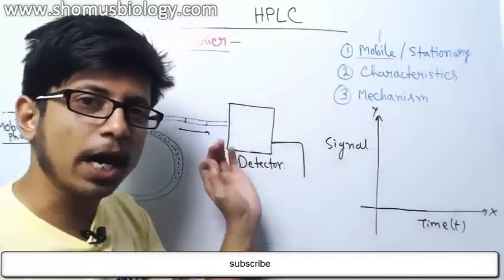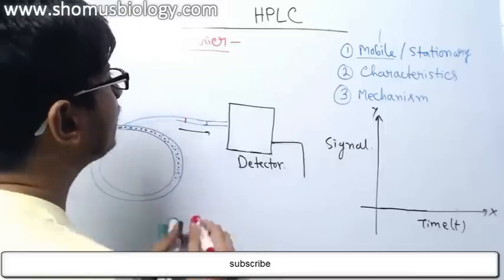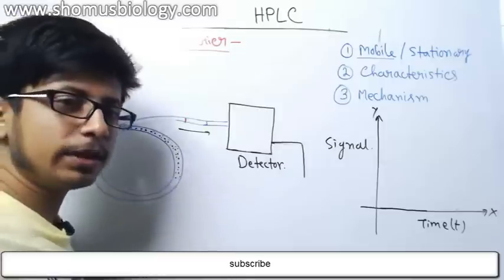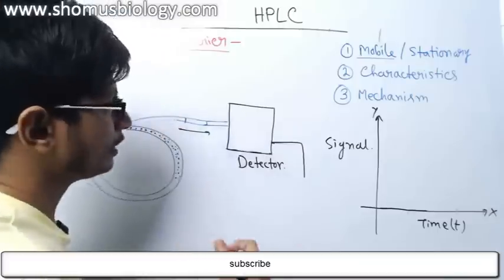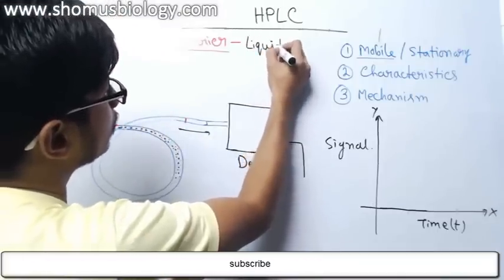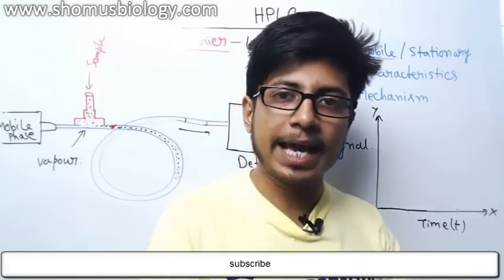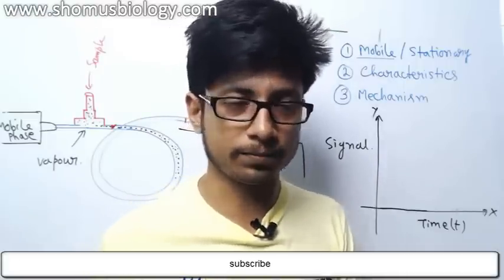In HPLC, a type of liquid chromatography, the carrier that brings all the sample molecules is a liquid. This is the liquid phase that acts as a carrier. In gas chromatography, the carrier is a gas, for example helium, hydrogen or nitrogen.